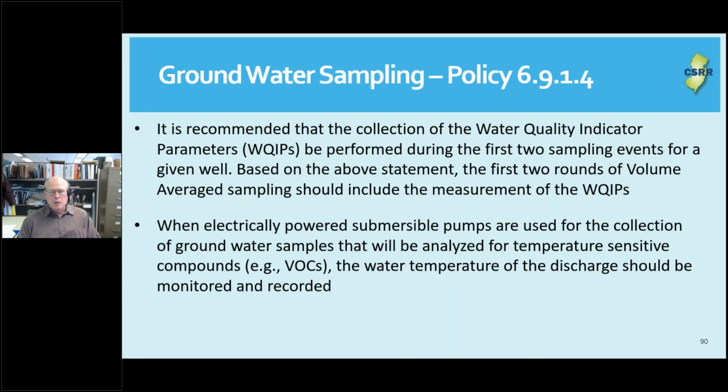This is because increases in the temperature of the volatile organic compounds increases their vapor pressure, which is the force driving the migration of the volatile compound from the liquid phase to the vapor phase. Where undesirable increases in discharge temperatures are detected, actions should be taken to address that issue.